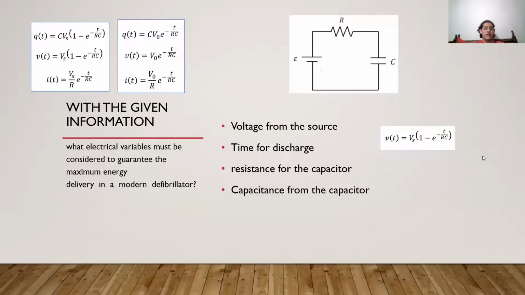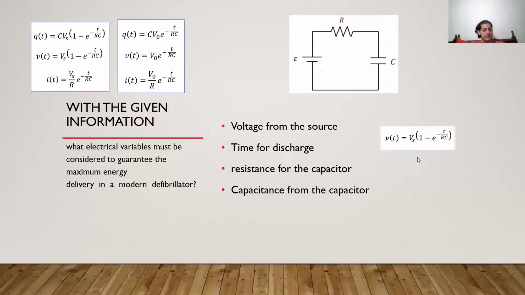So the electrical variables we need to consider are the voltage from the source, which is going to affect how much energy can be stored in the capacitor, and the time for discharge and charge of the capacitor, which is the time constant, or tau, which is the capacitance times the resistance of this circuit.